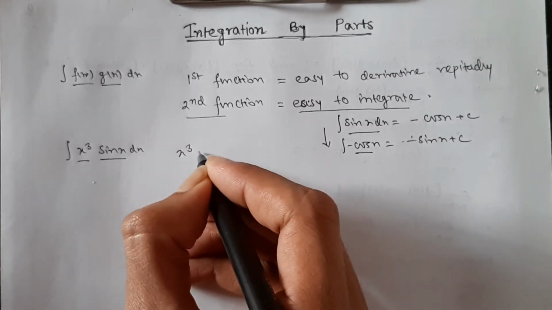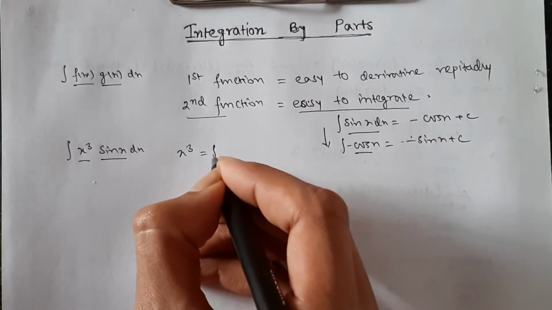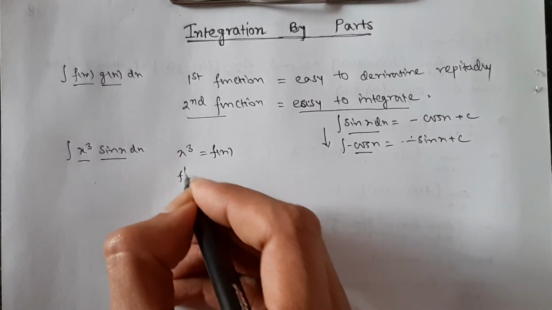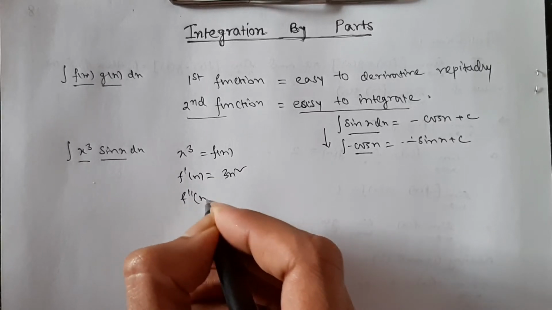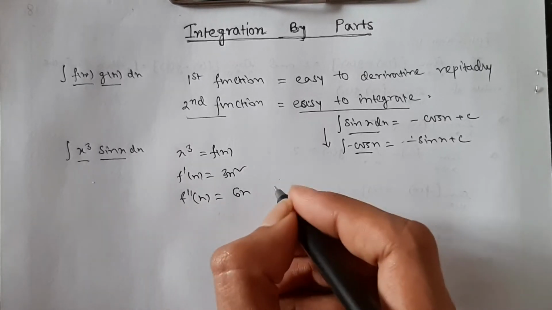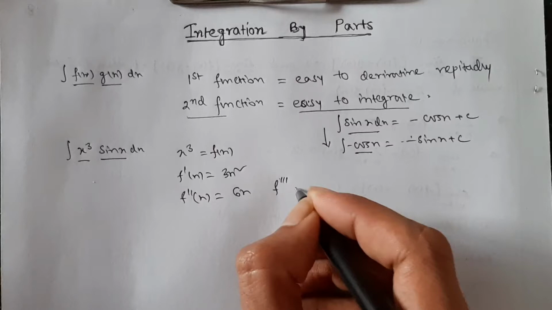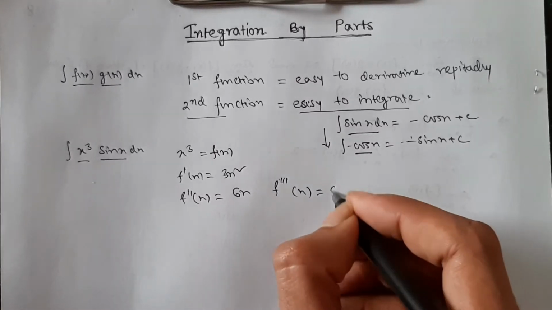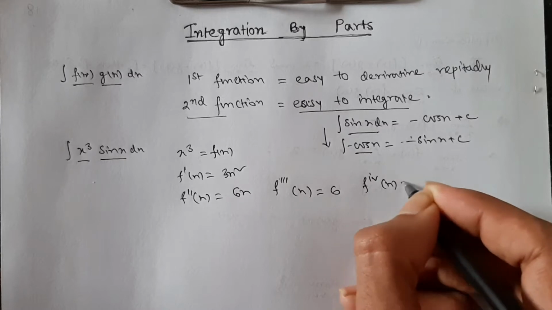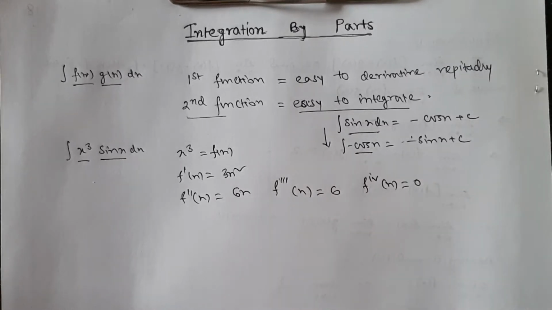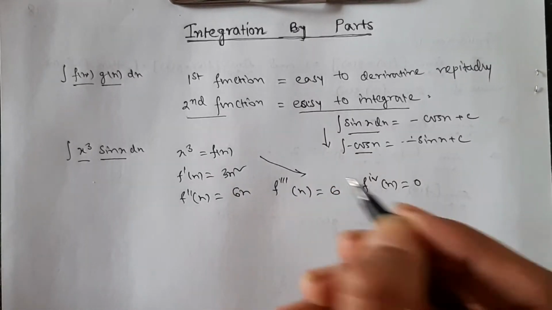So x cube is equal to f of x, f dash x is equal to 3x square, f double dash x is equal to 6x, f triple dash x is equal to 6, and the next derivative is equal to 0. So this reduces to 0.